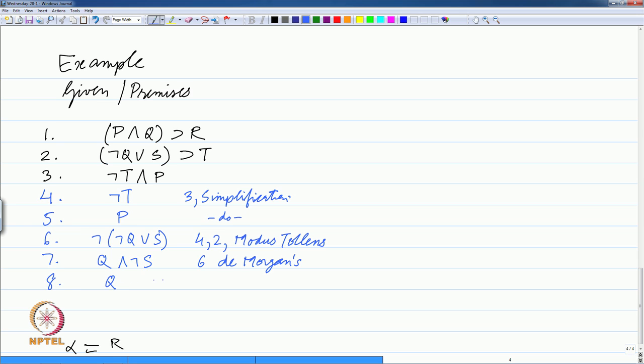From this I can get Q, which is 7 and simplification. Then I can get P and Q. I get it because I have P which is given in sentence 5 and I have Q which is given in sentence 8 and there is a rule called addition.